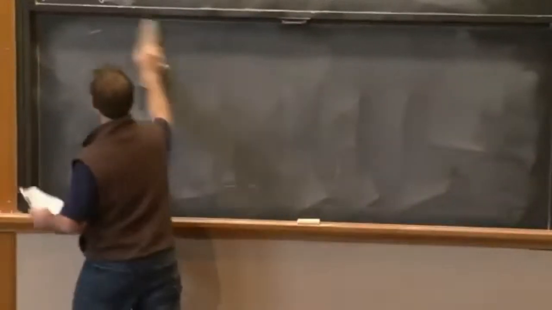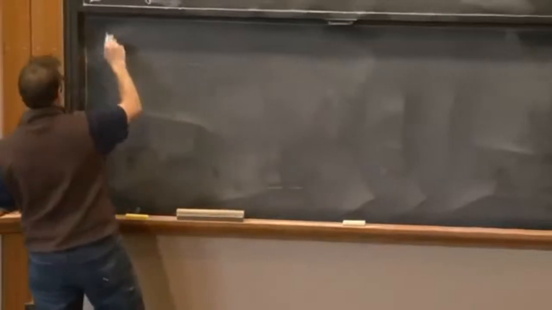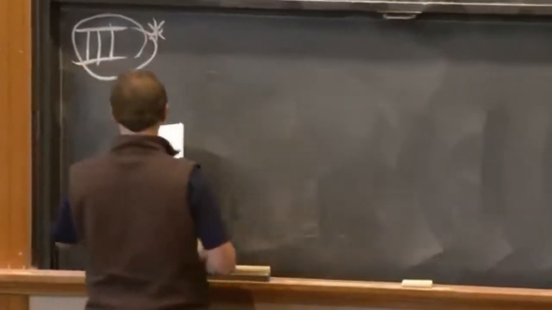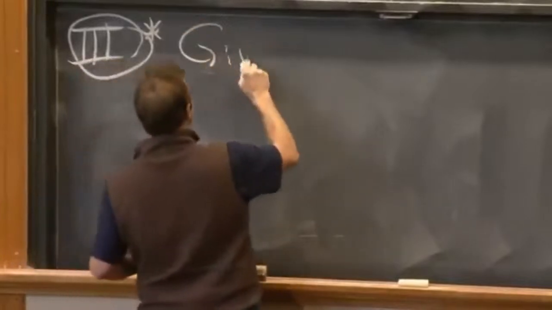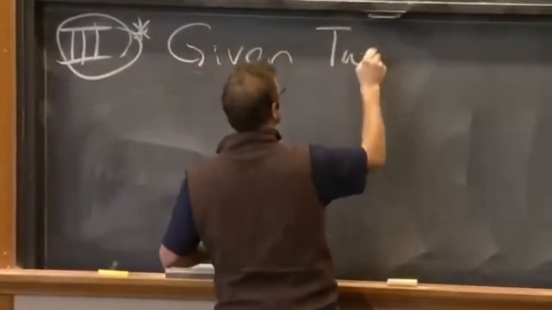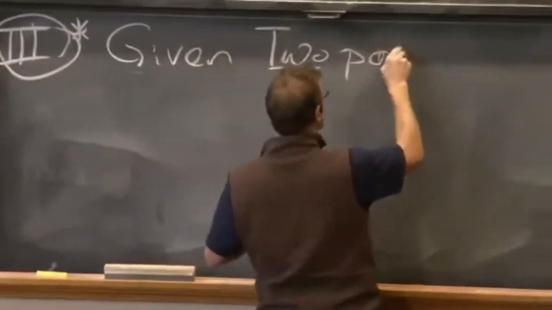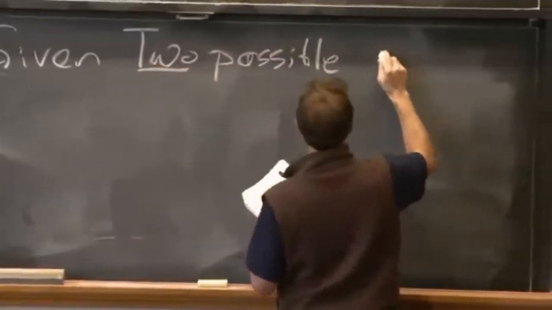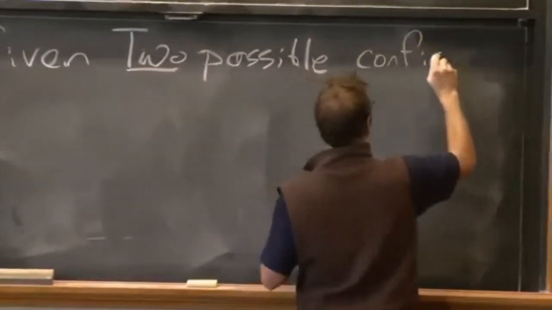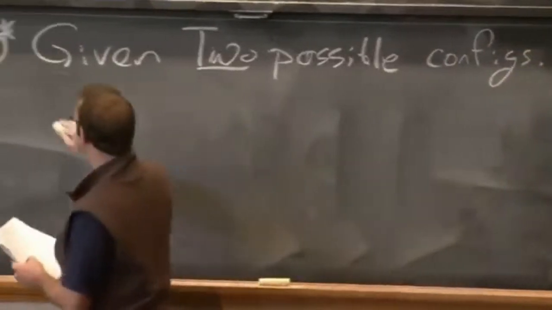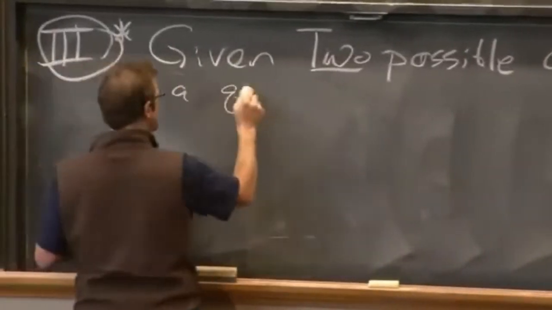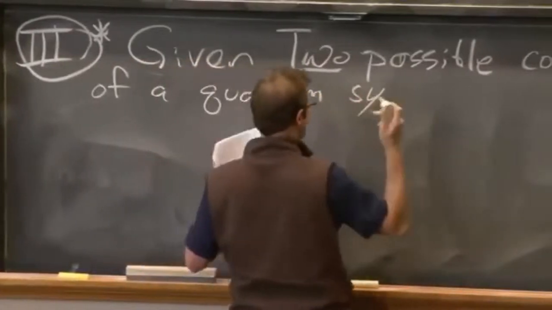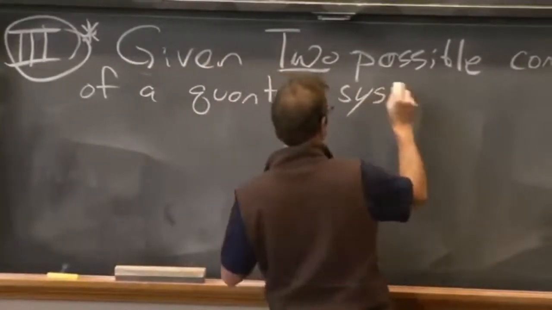I love this. Postulate 3. Put a star on it. Given two possible wave functions or states, I'll say configurations, of a quantum system, I wish there was like Ride of the Valkyries playing in the background.